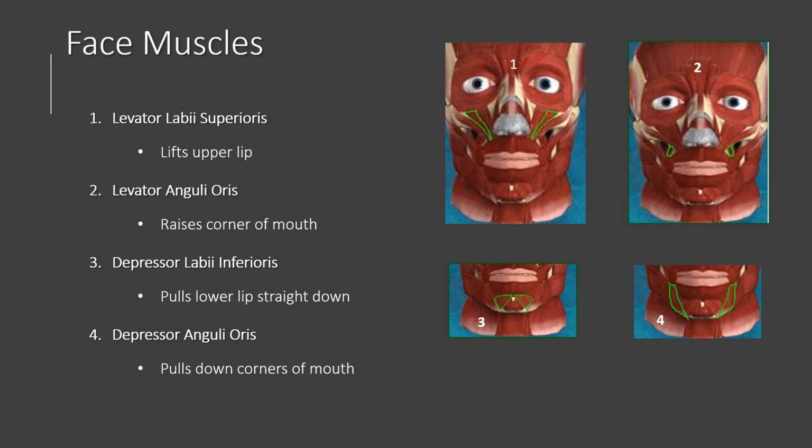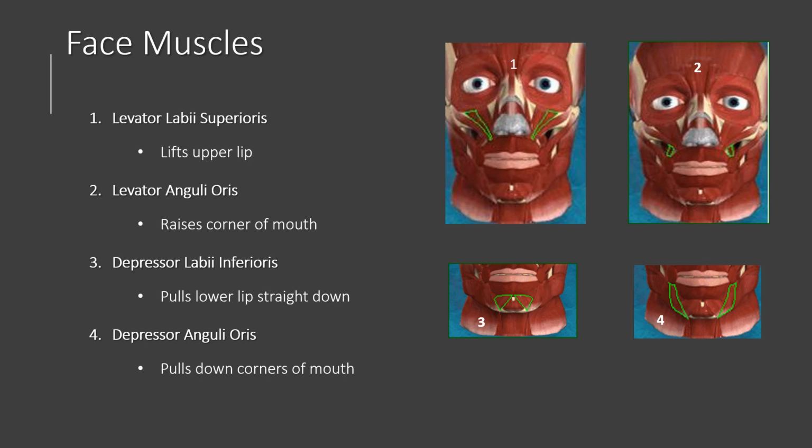So as you might have noticed, where we have a levator, we have a depressor as well. So levator means to lift, depress means to lower. So the levator muscles are always above the mouth or the lips, and the depressor muscles will always be below the mouth and the lips.